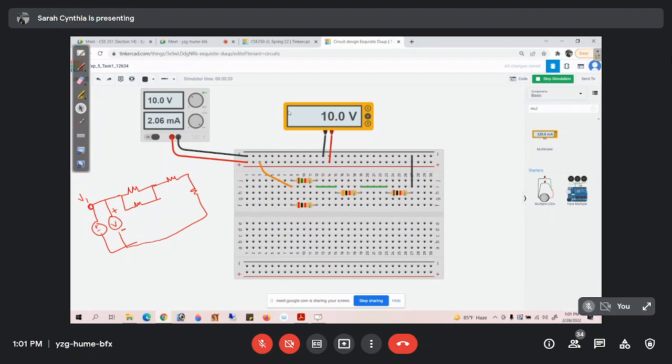Since it is a simulation-based experiment, it will give you exactly the same results. However, when you do this practically or in person, there might be slight variations in the voltage. Okay.